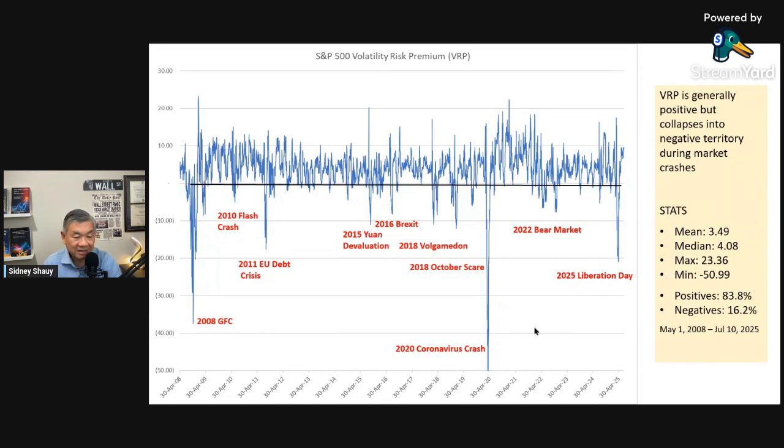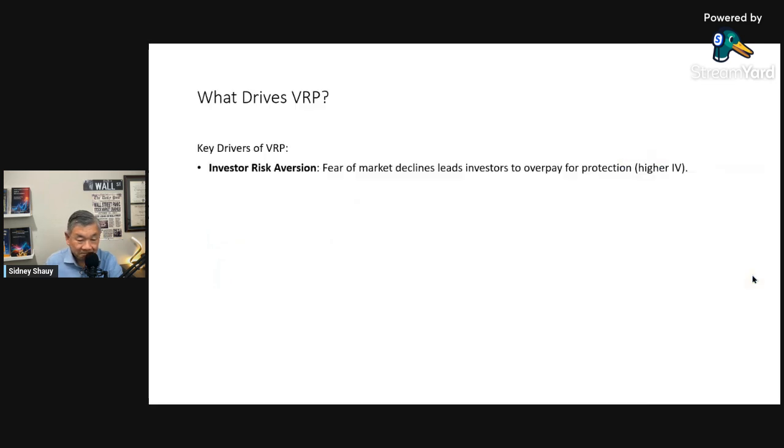We also had this spike down. So these spikes in negative territory are giving us a signal saying, hey, the market is crashing. So the statistics: it has a mean of 3.49, a median of 4.08, the maximum value it reached was 23.36, and the minimum is minus 50.99.